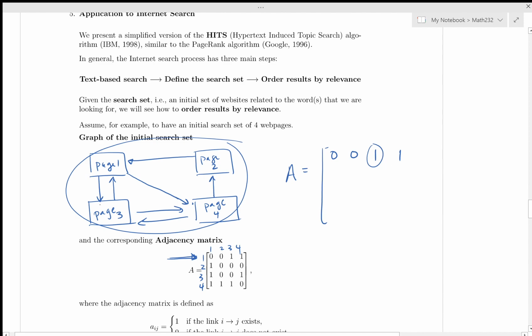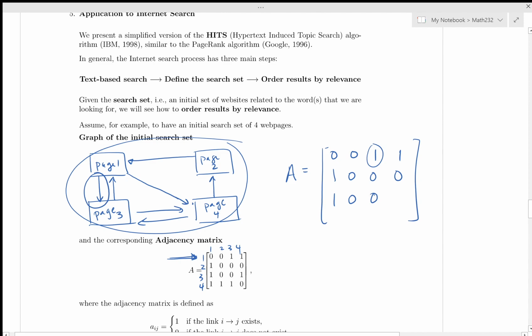I just go through the same thing. Does page 2 reference page 1? Yes. Does page 2 reference itself? No. Page 3? No. Page 4? No. Then I go to page 3. Does page 3 reference page 1? Yes. Page 2? No. Itself?